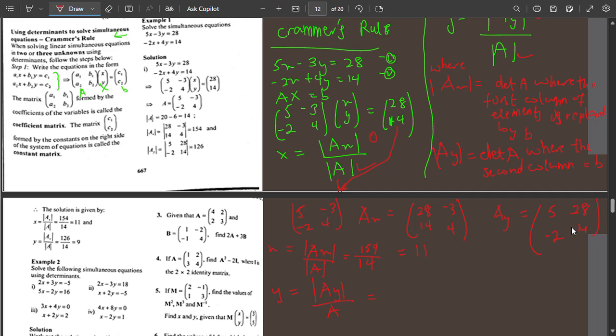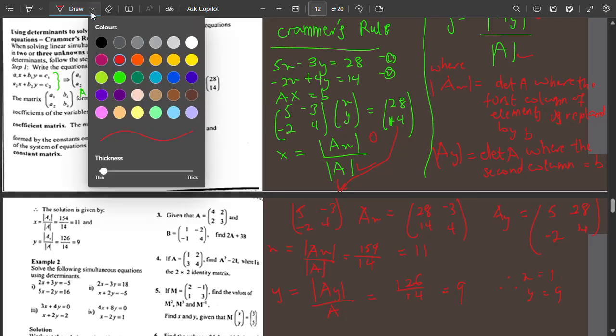I said plus because of the minus 2 there. So that's 126, divided by 14. This gives us 9. So in the end, x is 11 and y is equal to 9. This is perfect. So easy, right? This is so easy. So yes, that is how we solve using Cramer's rule.